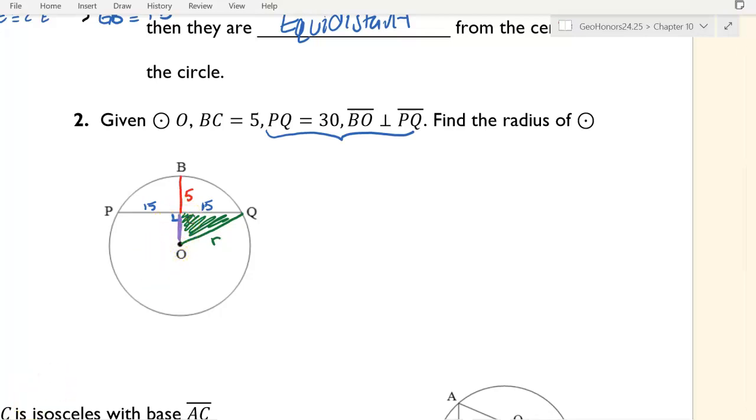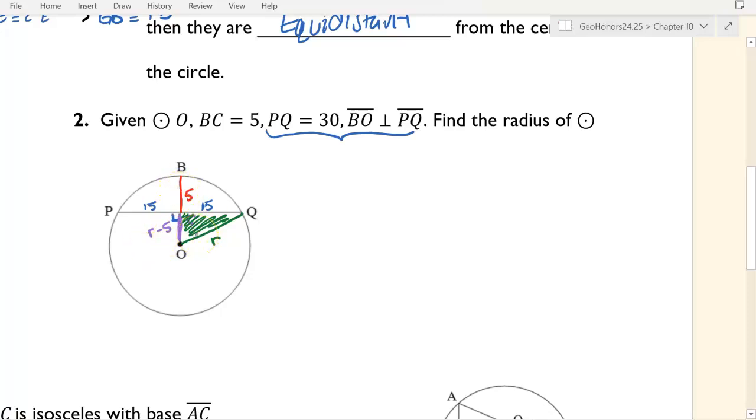While I'm missing segment OC, I do know that segment BO is going to be congruent to segment QO. And if segment QO is the radius and segment BO is also a radius, I can write that segment OC is the radius minus 5.